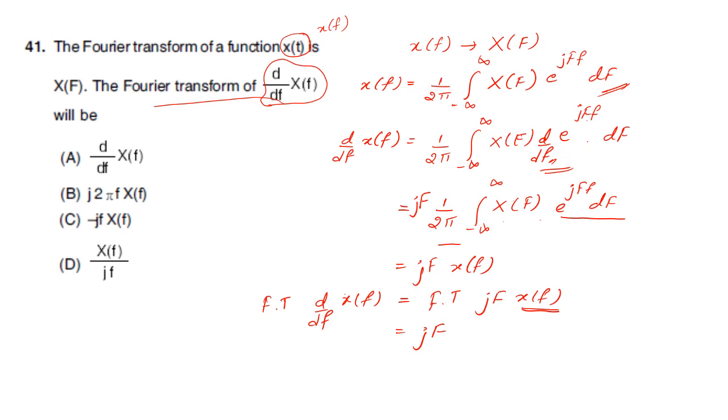Fourier transform of x of t is capital X of f. So this can be written as j into this omega is nothing but 2 pi f, 2 pi f into X of f. Therefore, option B is correct.